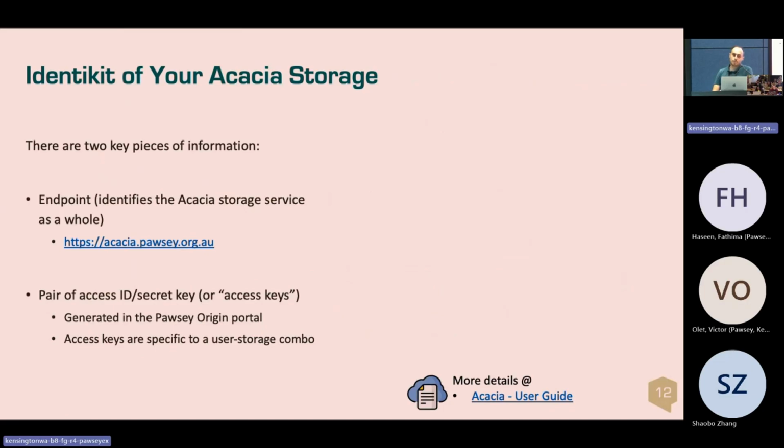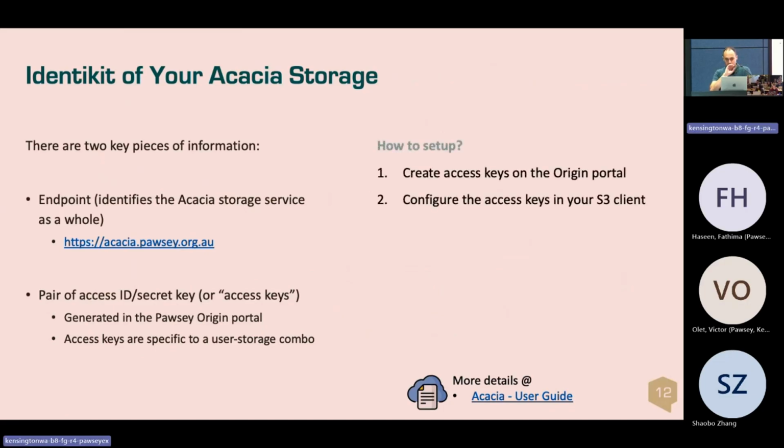This access key will be used to form authenticated queries to the system, so that Acacia knows it's you and you have the right permission to read and write these objects. Actually, you will normally be using an S3 client, a client that is able to communicate with Acacia, similar to rsync or scp used to communicate with scratch from and to your laptop.